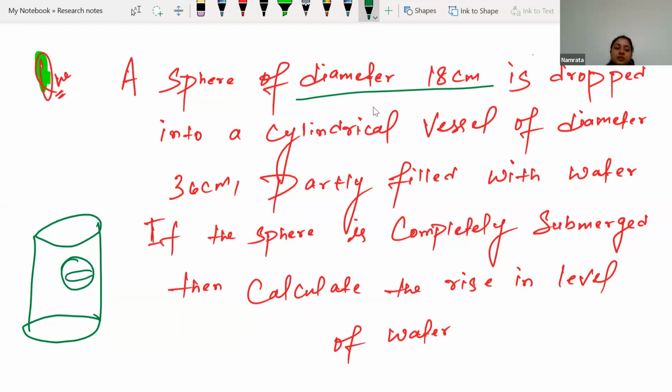The cylindrical vessel has diameter 36 centimeter and the sphere has diameter 18 centimeter. The cylindrical vessel was partly filled with water. If the sphere is completely submerged, then calculate the rise in level of water. Any idea how to do this?